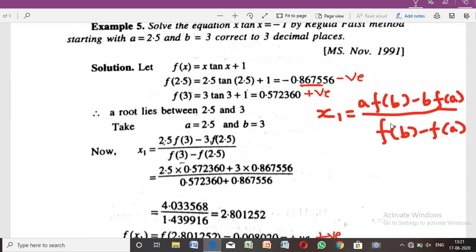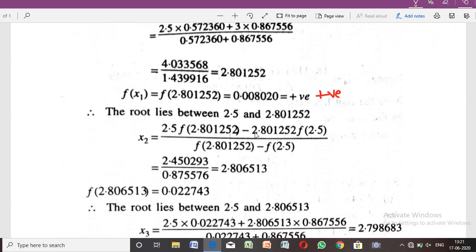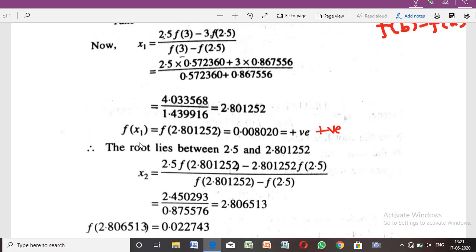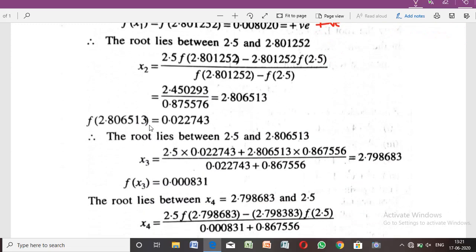Using this formula, we get x2 equal to 2.806513. Put the x2 value in f of x, x tan x plus 1, and we get f of 2.806513 equal to 0.022743.